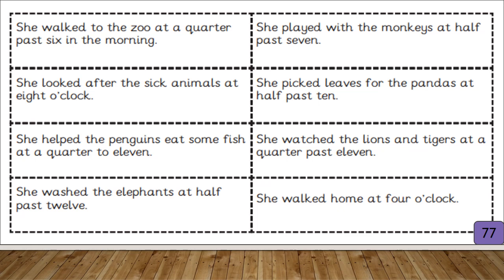Number one, she walked to the zoo at 6:15 in the morning. She played with the monkey at 7:30. She looked after the sick animals at 8 o'clock. She picked leaves for the pandas at 10:30.